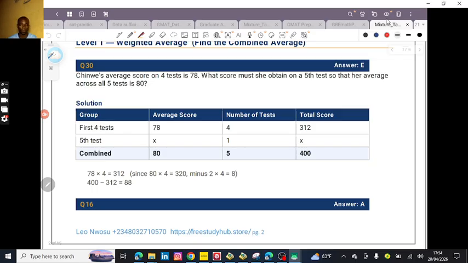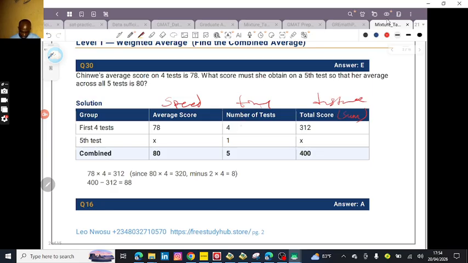Chinwen's average score on 4 tests is 78. What score must she obtain on a 5th test so that her average across all 5 tests is 80? So we can use a table like this, taking advantage that average times number equals total or the sum. Later, we will also put our speed times time equals distance, and so on and so forth.